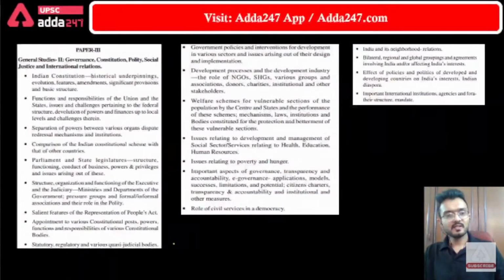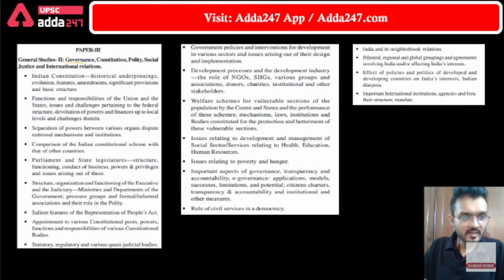Now let's move to paper 2. Paper 2 contains governance, constitution, polity, society or social justice, and international relations. So basically paper 2 is regarding the Indian polity and its different aspects, along with international relations.